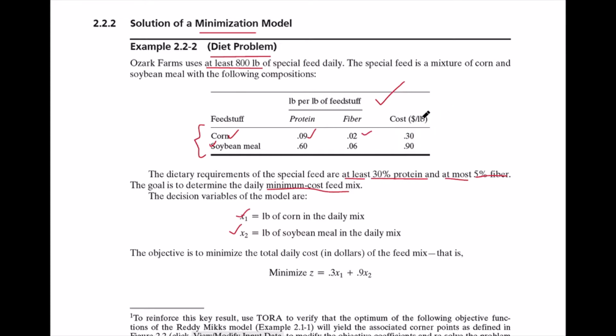If we are using 1 pound of corn, then it will cost us $0.30. So if we take x1 pounds of corn, then it will cost us 0.3 x1. Similarly, if we take x2, then this will cost us 0.90 into x2. So this is the total function that we need to minimize.